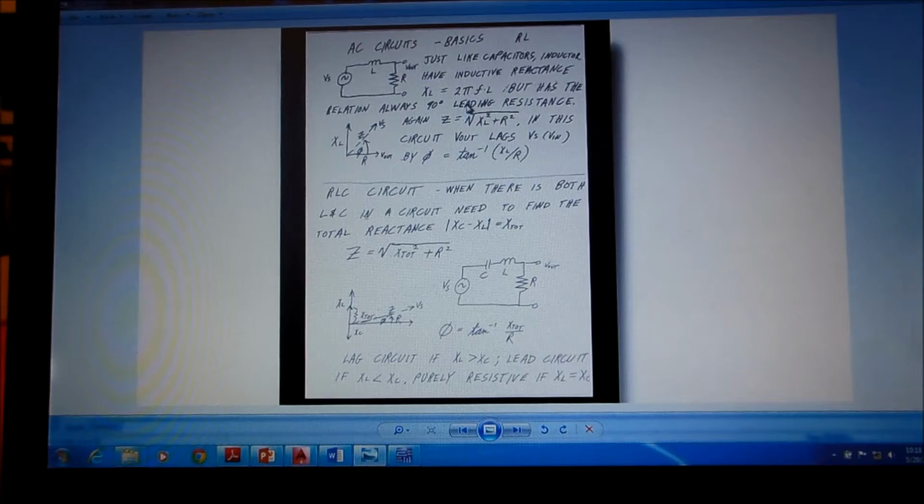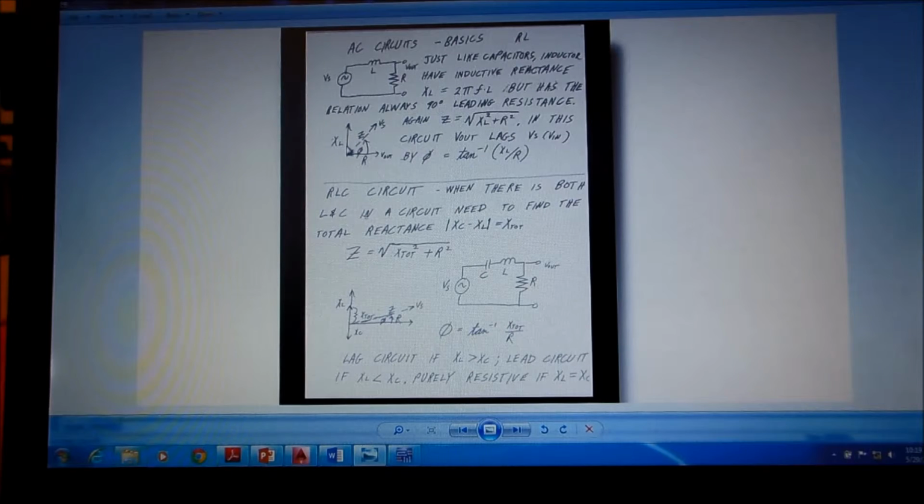Now this one has the relation where this one, compared to the resistor value, this one leads by 90 degrees. So again, when we look at this circuit, and the capacitor was down here where the inductor is up here. So what we have with the same circuit with just replacing the capacitor with an inductor, now we have V out here and V in over here.